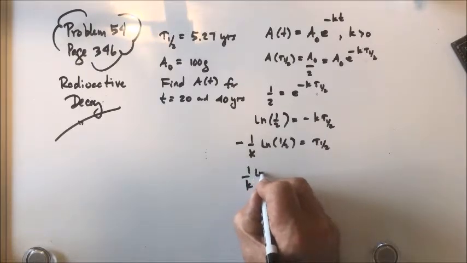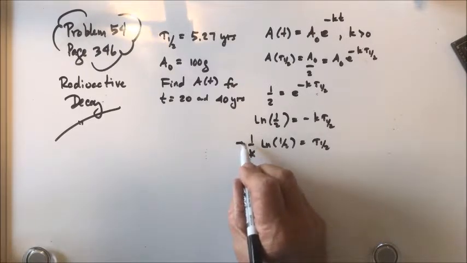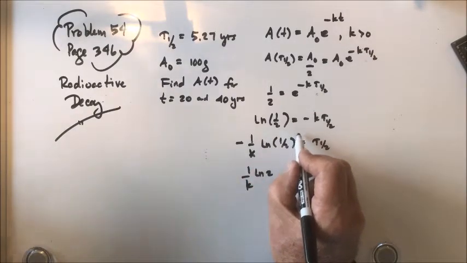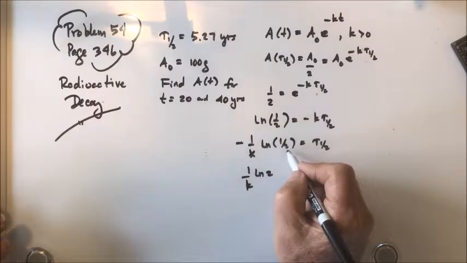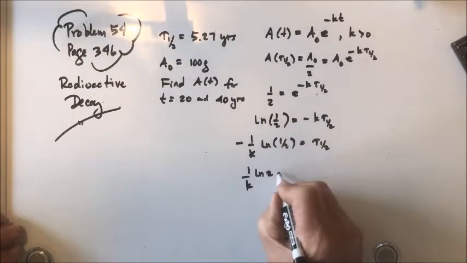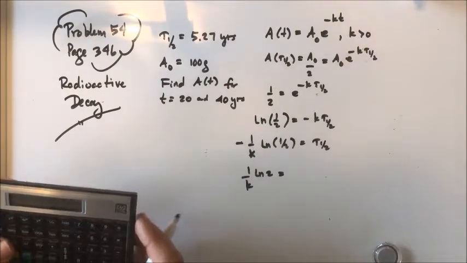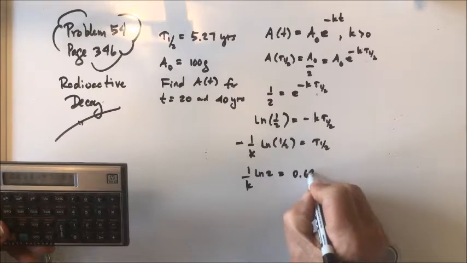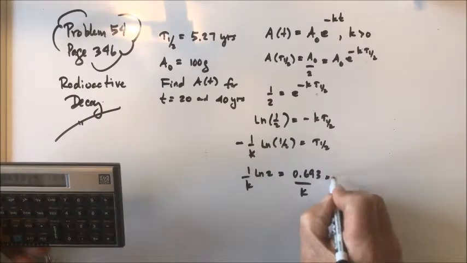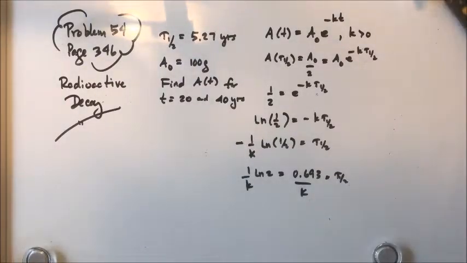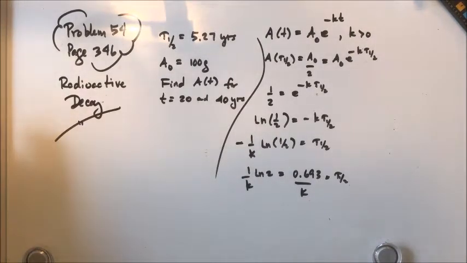And then generally the way you see this written is 1/k times the natural log of 2. You take the minus sign out in front, that is a factor, and raise it up as a -1 exponent on 1/2, turn 1/2 into 2 in that fashion. And in fact then, the natural log of 2 is 0.693, over k. And there you have it. There's a relationship between the half-life and k. And we can make use of that right away, because I can write down the formula that I want to use.